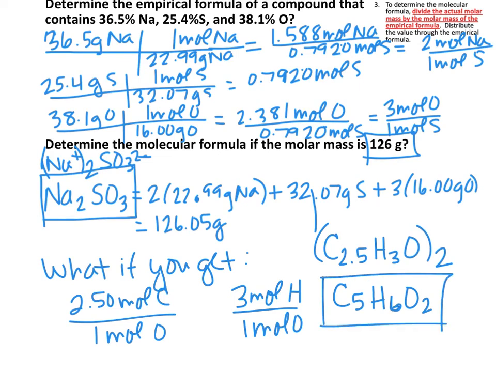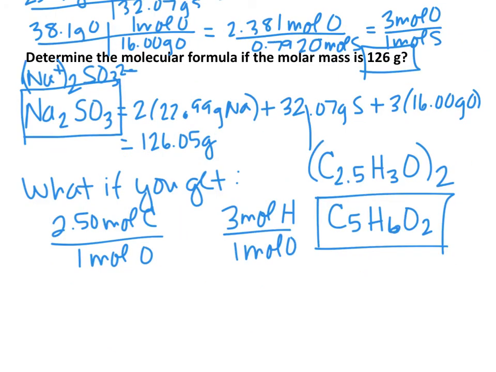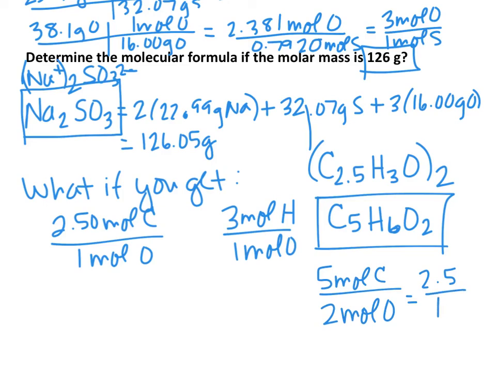Now, is that still an empirical formula? And the answer is yeah, of course. And what we really have are 5 moles of carbon to 2 moles of oxygen, which would be a 2.5 to 1 ratio, as we saw right here.